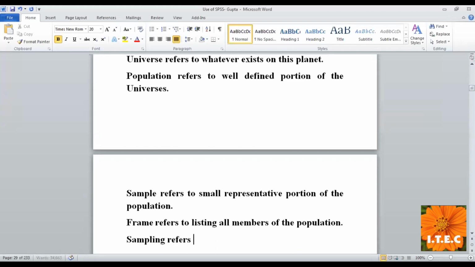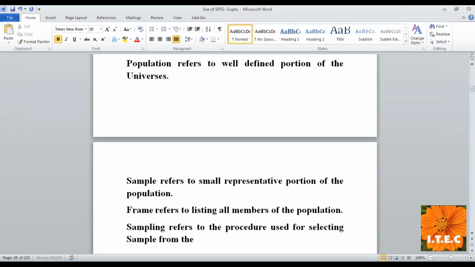Sampling refers to the procedure used for selecting sample from the population. This is the definition of the sampling. So sampling refers to the procedure. It is a procedure of selecting sample from the population.